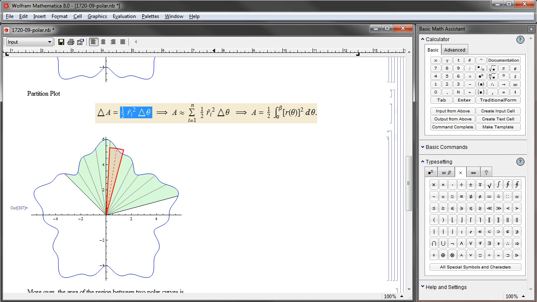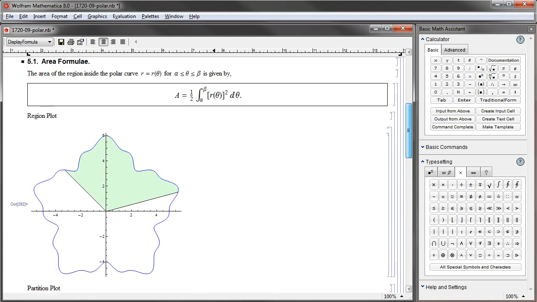Summing them all up, we get a Riemann sum like this. Instead of a sum of rectangles, we have a sum of sectors. That's the only difference. The 1/2 r squared will become the integrand, the summation will become the integral from alpha to beta, and delta theta will become d theta, and we have a Riemann sum and Riemann integral.